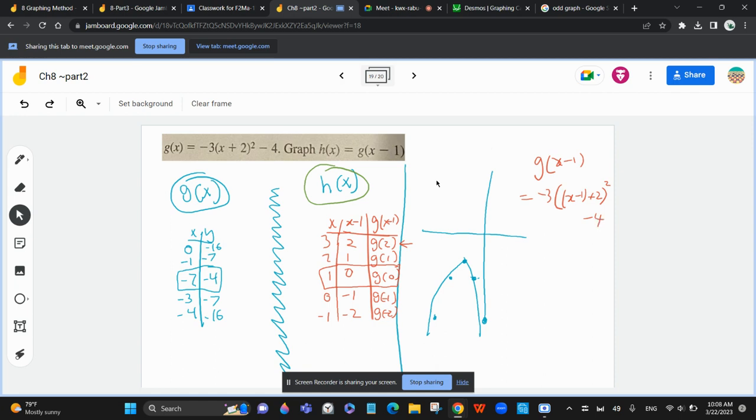Because if this one is x, then we plug in x. So if this one is x minus 1, we plug in x minus 1. Because this is what we do on functions, right? If g of 2, we replace x by 2. If x is 3, we replace x by 3. If x is x minus 1, we replace x with x minus 1.